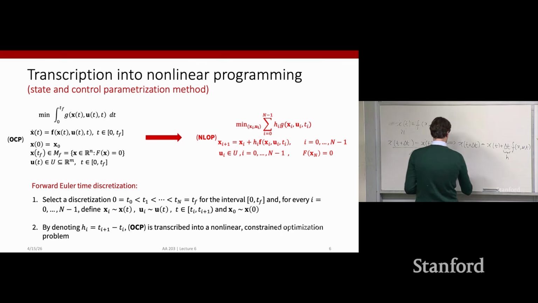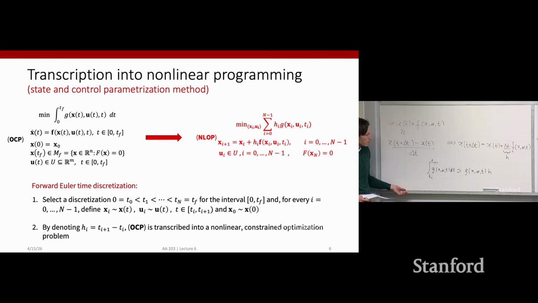And so we can approximate this as g of x, u, t times h, because we can take g outside of the integral, and we call the integral over a single time step h. And that's done, basically, right?